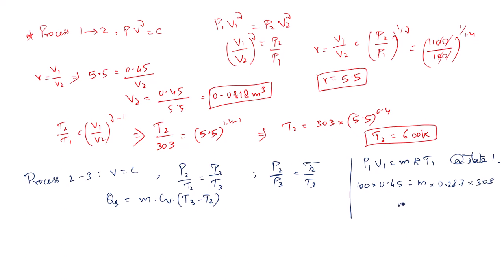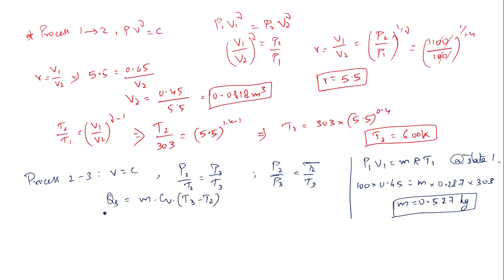Upon simplification, we will get the m value to be 0.527 kilogram. Make sure that the units are maintained homogeneously, because here I have substituted the pressure value in kilopascal and the R value in kilojoule per kilogram Kelvin, right?